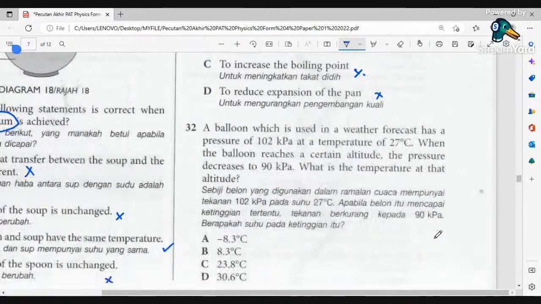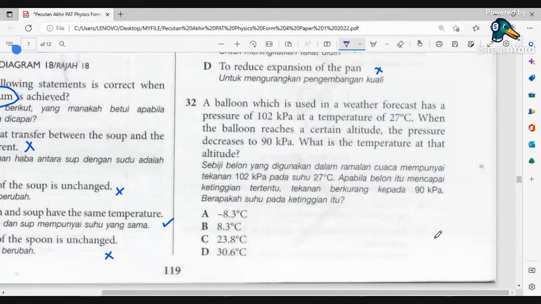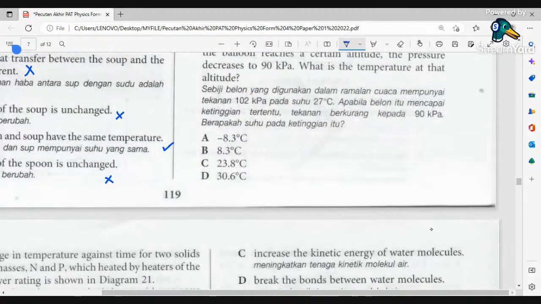Okay. 32, a balloon used in a weather forecast, pressure given, temperature given. Balloon reaches certain altitude, pressure decrease. What is temperature at that altitude? Remember the gas law, PVT, Boyle's, Charles', Gay-Lussac's law.